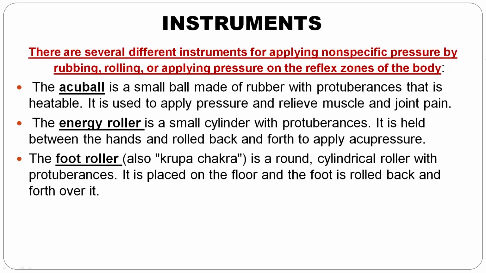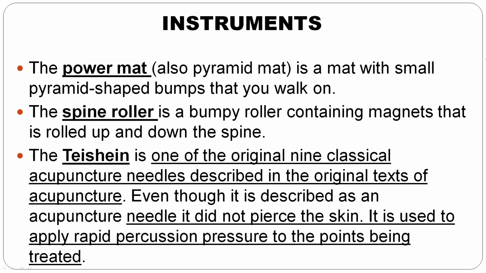The foot roller, Krupa chakra, is a round cylindrical roller with protuberances. It is placed on the floor and the foot is rolled back and forth over it. The power mat, also called pyramid mat, is a mat with small pyramid-shaped bumps that you walk on.